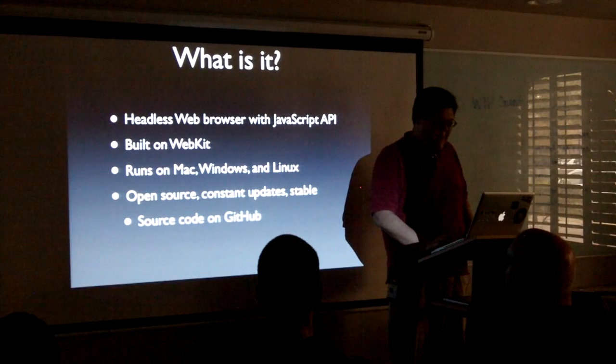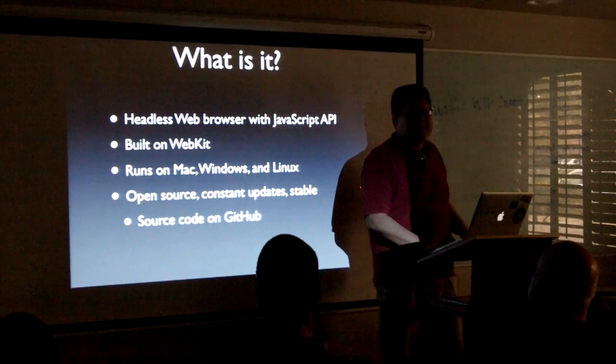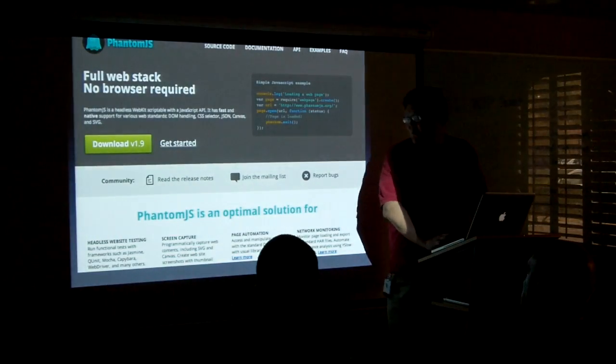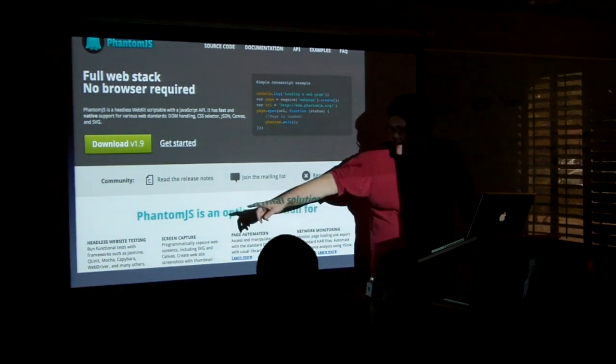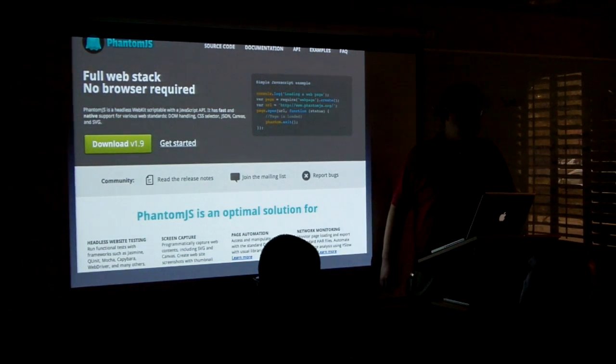It runs on Mac, Windows, and Linux. It's open source, it has constant updates, and you can fork it off of GitHub. This is what the web page looks like for it. The best things to use it for are headless website testing, screen capture, page automation, DOM manipulation, and network performance testing, like if you want to run through your site with Wi-Fi or something like that.